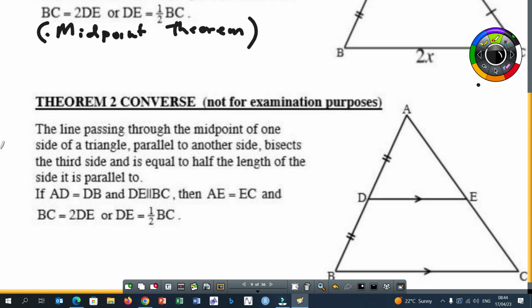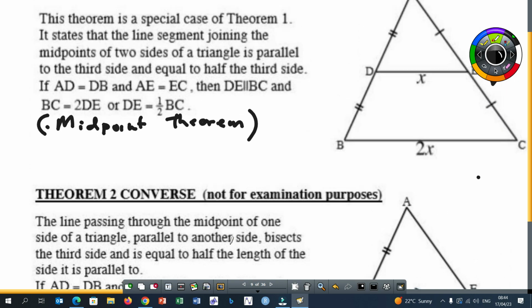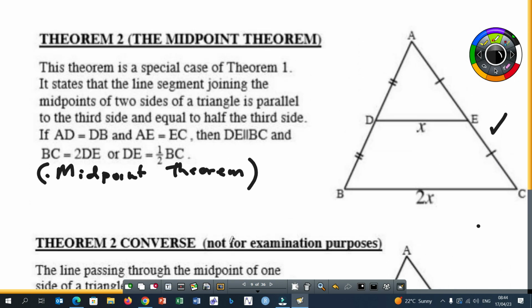All right, and then the converse of the midpoint theorem. With the converse, only one side will be indicated as having been bisected, but the line which bisects it will be indicated as parallel to the third side.